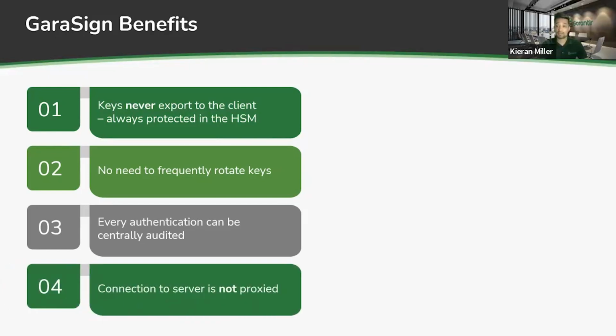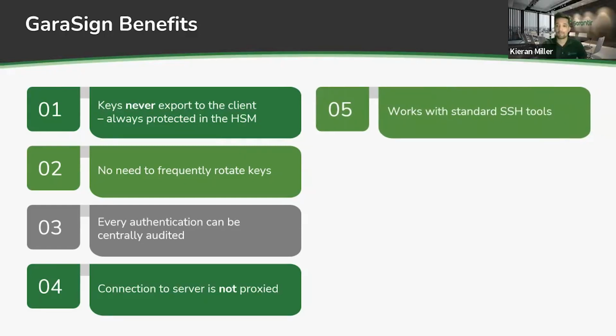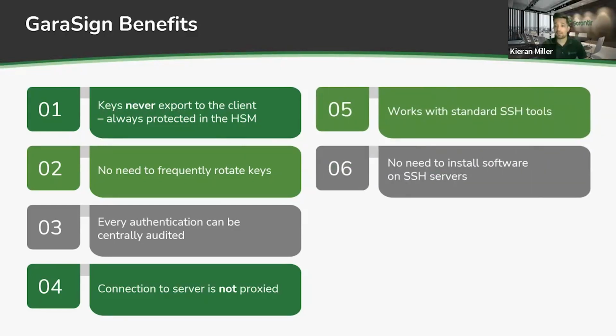The connection to the server is not proxied. We are only proxying the challenge response handshake. After that, everything is direct between the client and the SSH server, and this solution is not involved at any point thereafter. This will work with standard SSH tools, and there's no need to install software on the SSH server, so there's a big administrative headache that's alleviated with this approach.